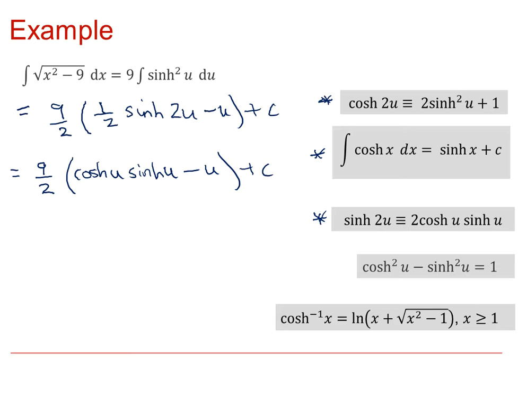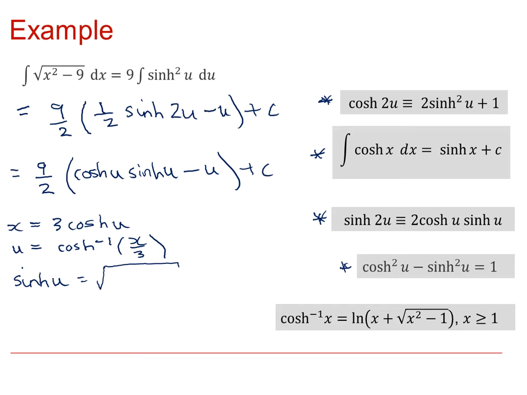So we remember that x equaled 3 cosh u, and therefore that u must be cosh to the minus 1 of x over 3. Using this identity here, we can see that if we want to replace sinh u, this would be the square root of cosh squared u minus 1.